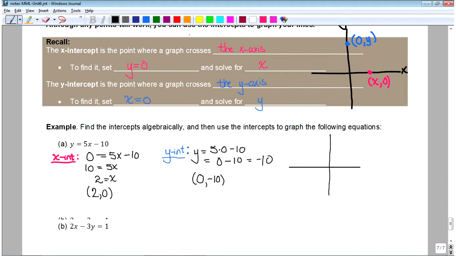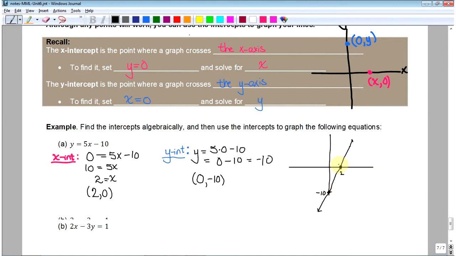So now that we have those 2 points, we can sketch a graph of this line. So 2 for my x is going to be somewhere over here to the right. And then I have a y-intercept down at negative 10. So my line will be some type of rising line, and this is a rough sketch of it.